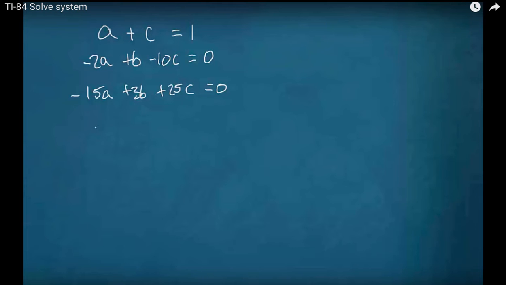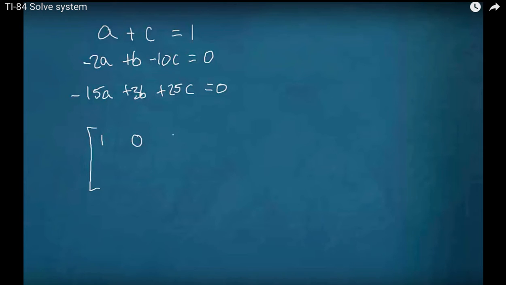This system of equations can be written as a matrix. We will use the coefficients on the variables and the right side of the equations to write this matrix. The coefficient on A in the first equation is 1. There is no B as there are in the other two equations, so that coefficient must be 0.